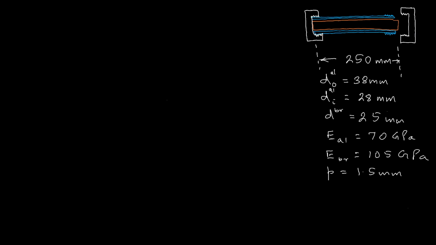In this segment, we will take up a problem from axial loading, and the problem statement goes like this. There is an annular hollow cylindrical tube, basically an aluminum tube, and inside this there is a brass solid cylinder placed.